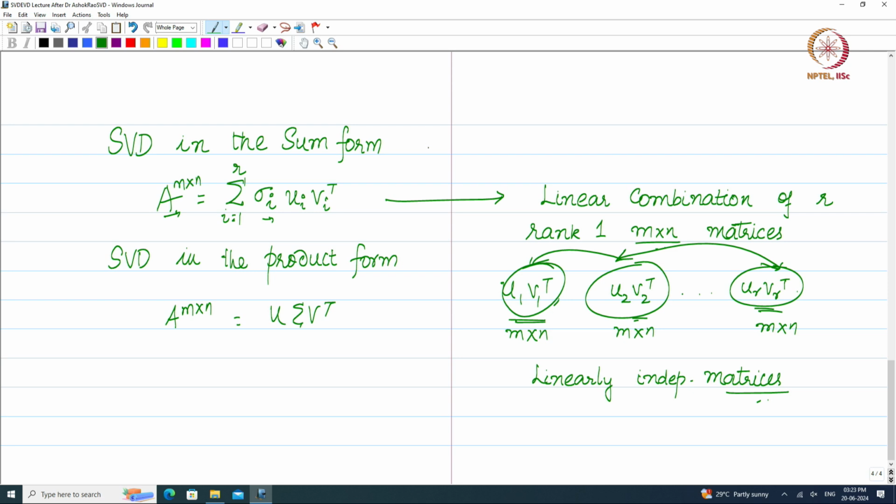So SVD in the sum form is going to be used for generating m by n matrices as a linear combination of rank 1 matrices, where R is the rank of the matrix.